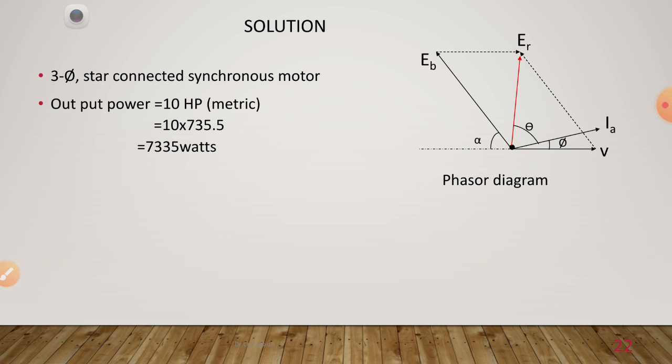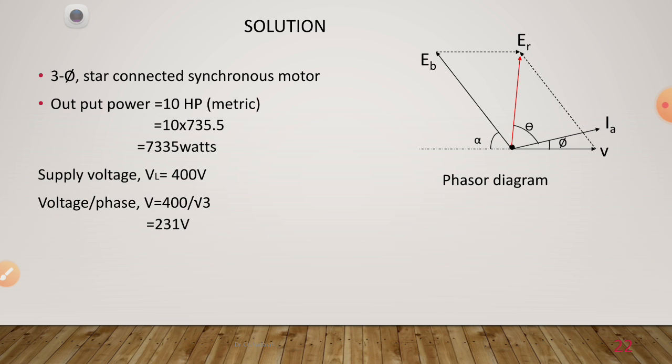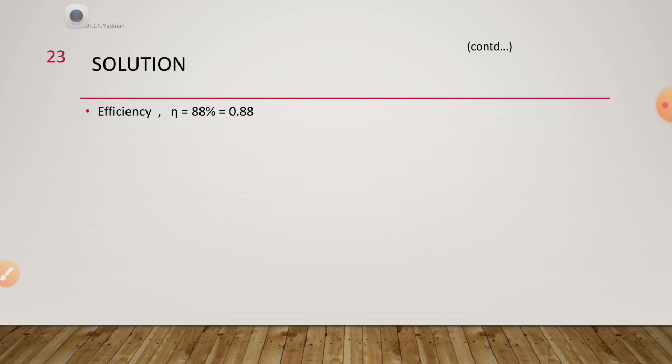Output power is equal to 10 HP metric. 10 into 735.5, we convert to watts, which is 7355 watts. Now the supply voltage is 400 volts. Converting to phasor value, divide by root 3 to get 231 volts. Efficiency is output by input, which is 88 percent, meaning 0.88.